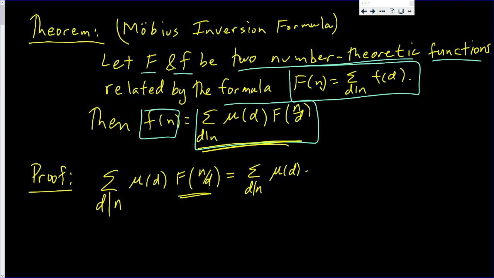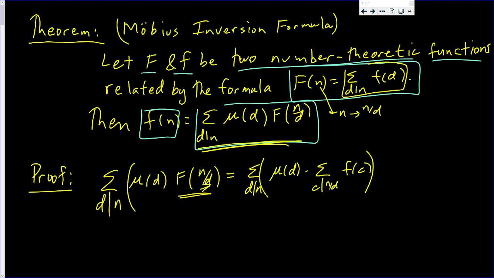Basically, n is being replaced with n over d. So we have the summation, and instead of d, I'm going to use c, because I already used d in the first summation, as c divides n over d of f of c. In the first one, it was the summation of what I put around the brackets. Same thing here.